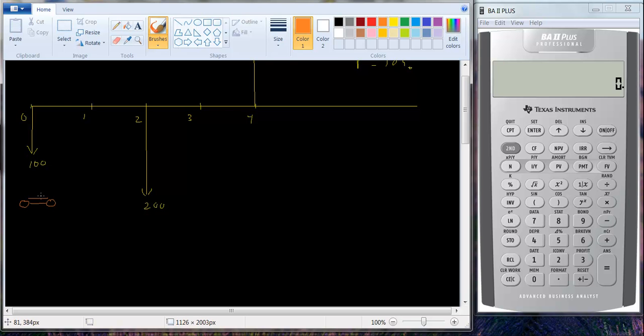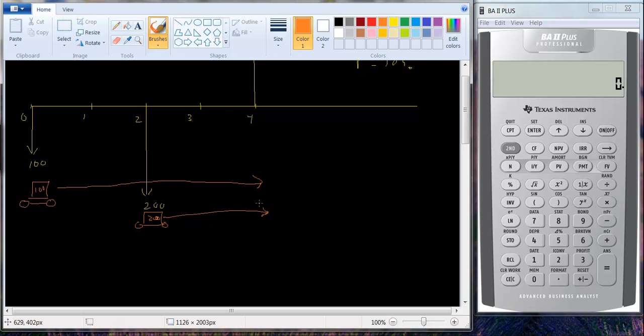Okay, so we got a little car here, and so this is the $100, and this 100 drives all the way out to year 4, and then we've got another car here, with 200 in it. Sorry, you can't see that 0, and it drives out here, and they meet and they get together in year 4.